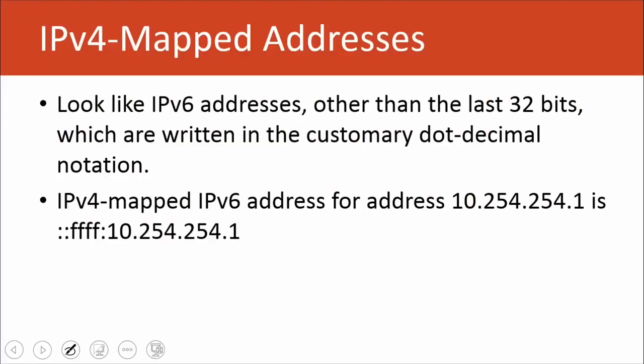We can also map IPv4 addresses to IPv6 addresses. And so what happens is that instead of a normal structure for an IPv6 address with those hexadecimal characters, the last 32 bits of the IPv6 address are written in just that customary dot decimal notation.